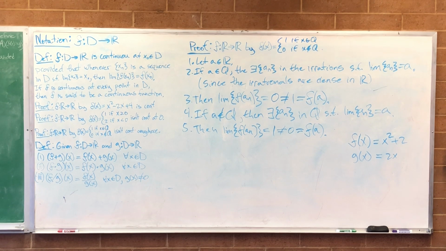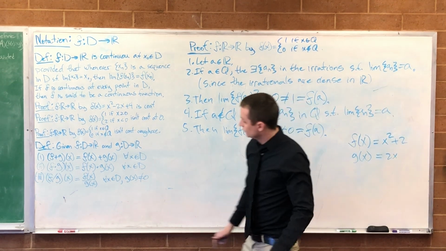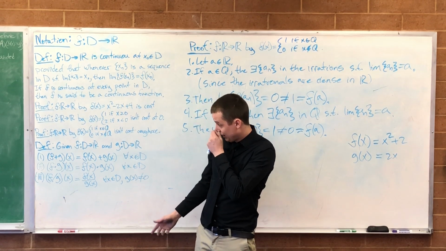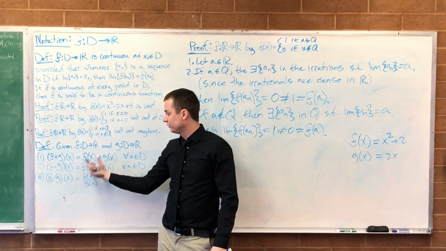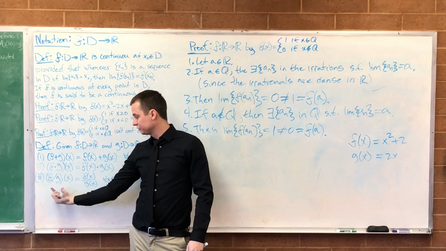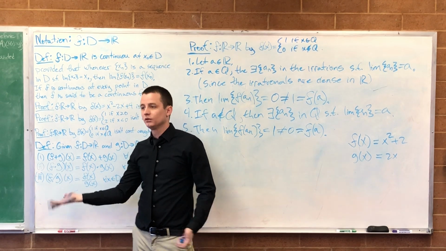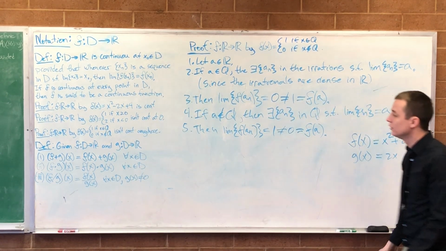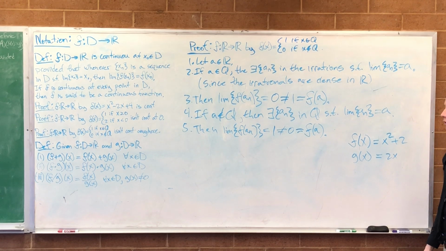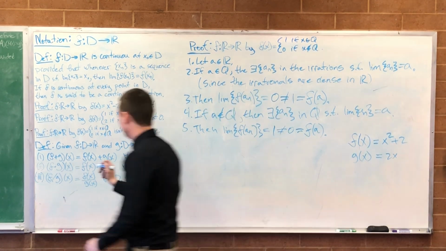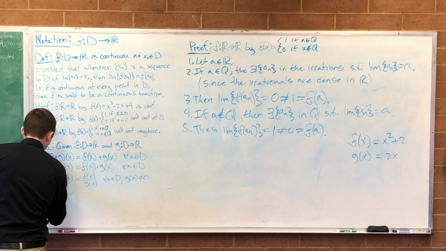Now what our proofs are going to be is that we're going to prove that if f and g are continuous, then this function is continuous, this function is continuous, and this function is continuous. Do we define composition here as well?